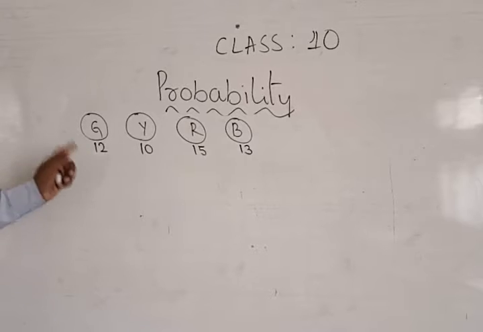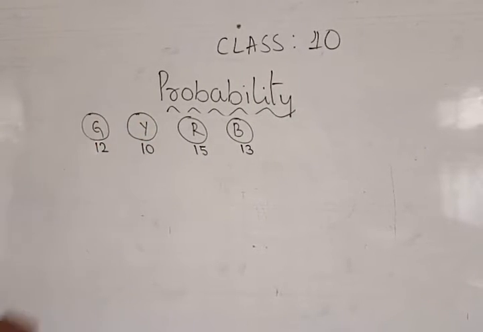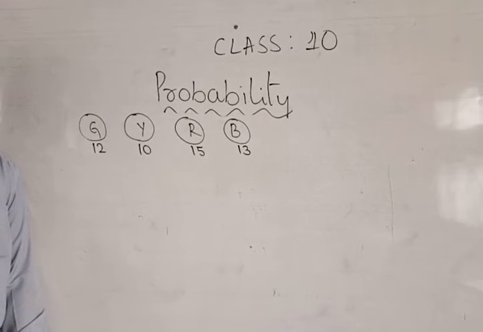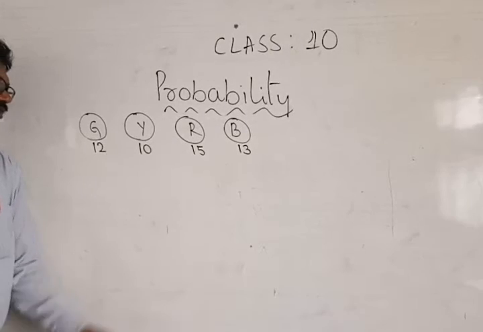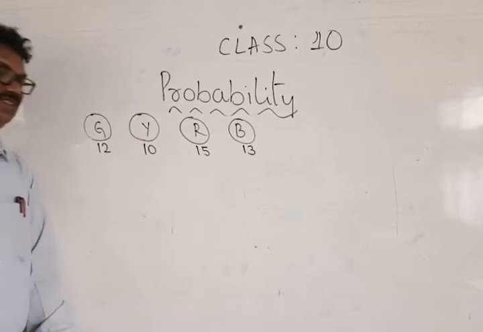Now, first we should find out the total marbles, how many are there. Why should we find the total? It is nothing but the number of outcomes. The number of outcomes depends upon the total number of marbles with us.